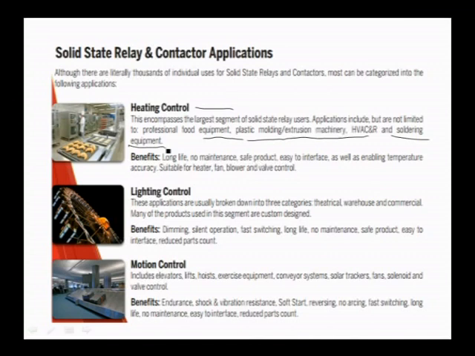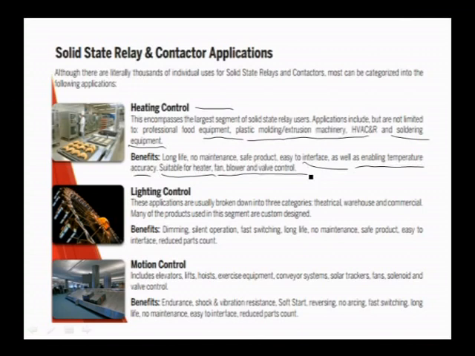The benefits of using a solid state relay here are long life, no maintenance, safe product, easy to interface, as well as enabling temperature accuracy, and suitability for heat, fan, blower and valve control. These are practical real life applications you can see here, and you can see the pictures there.